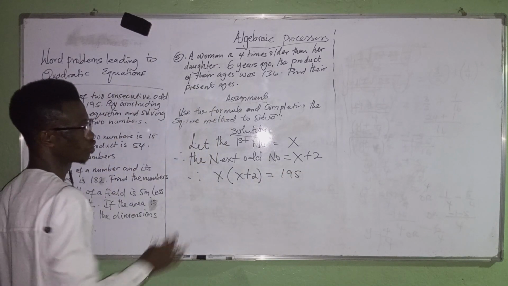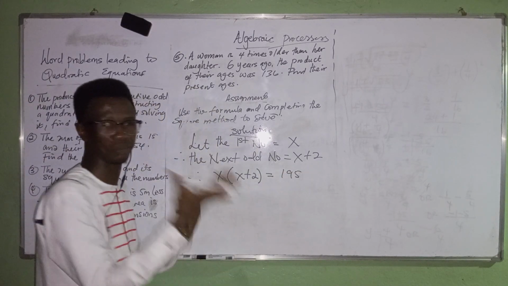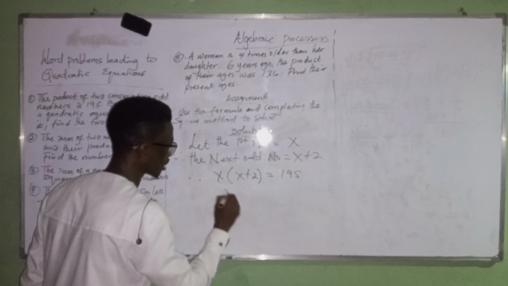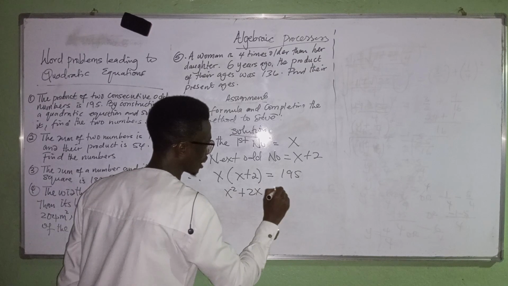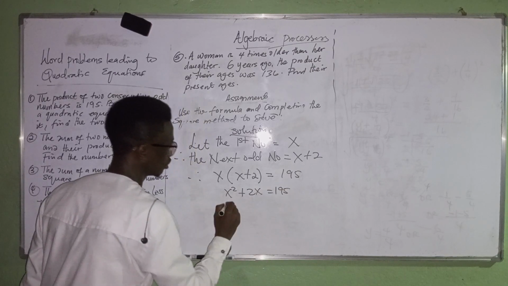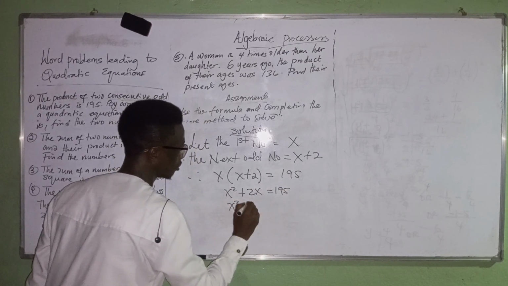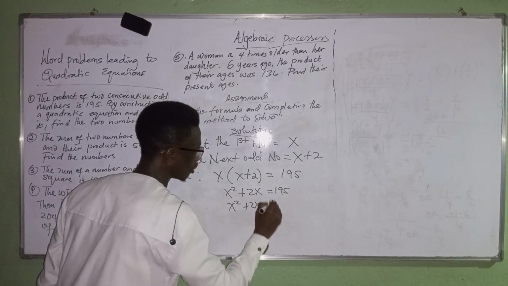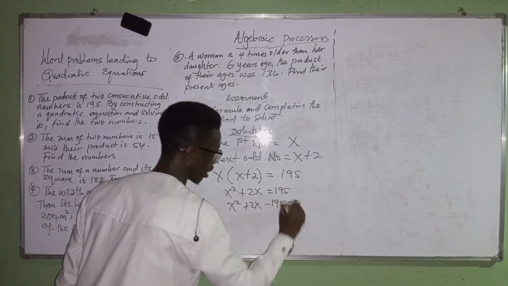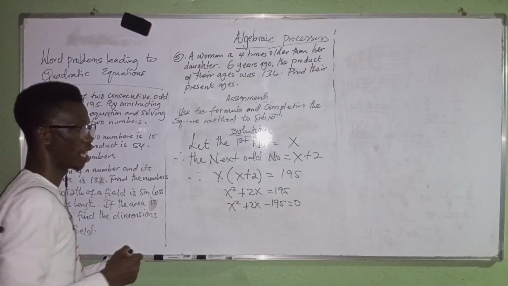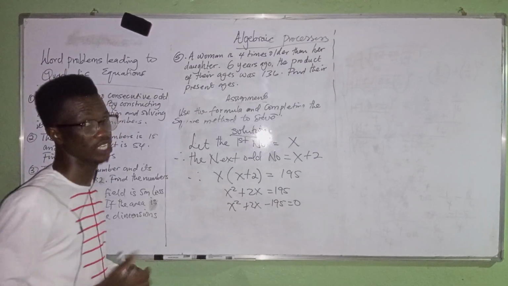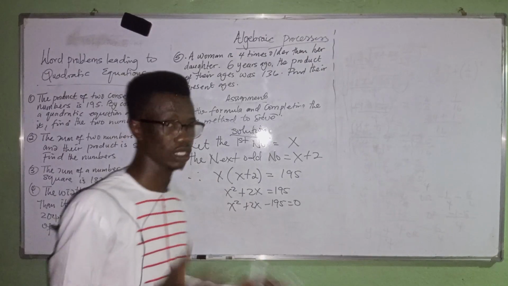Everything you have to do here is just simplification. So this becomes x squared plus 2x equals 195. Bringing this over, x squared plus 2x minus 195 equals 0. You can use any method you are comfortable with to solve quadratic equations.